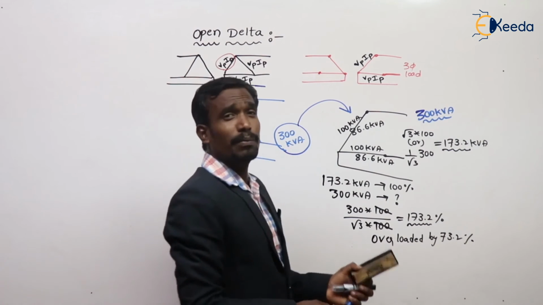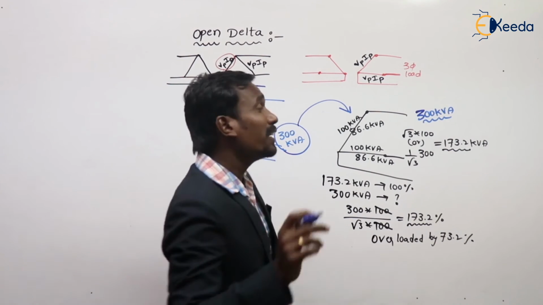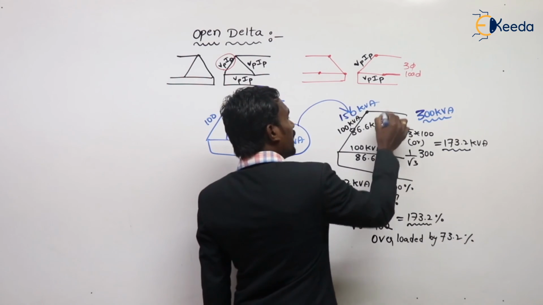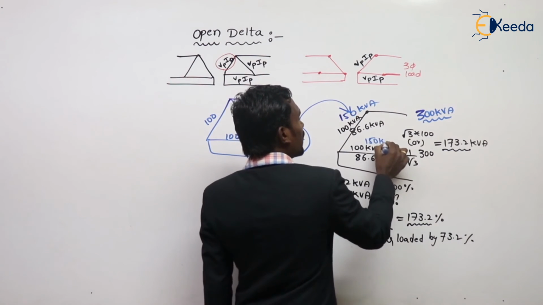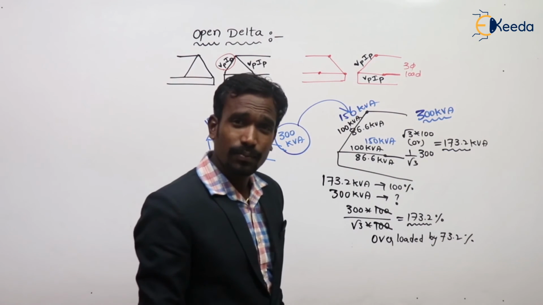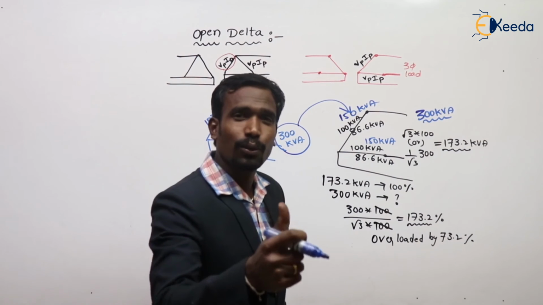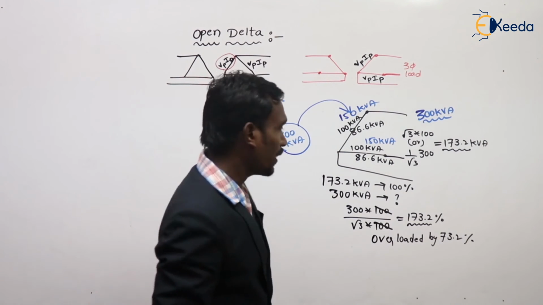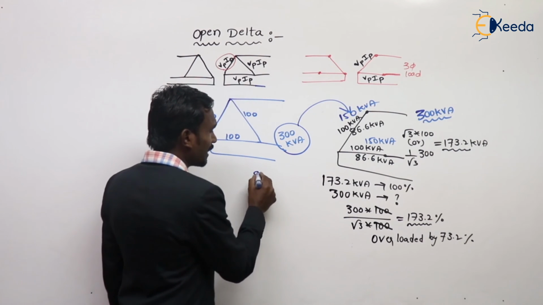Then each transformer shares the load of 150 kVA. Nothing but overloaded. How much overloaded? For this, calculate again.